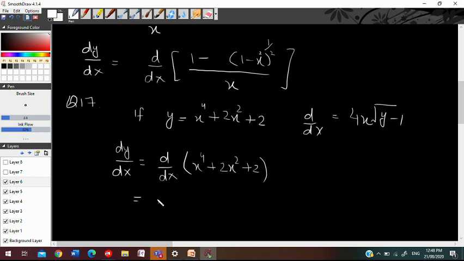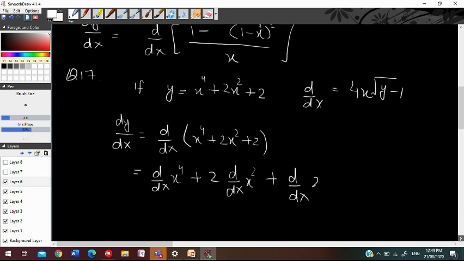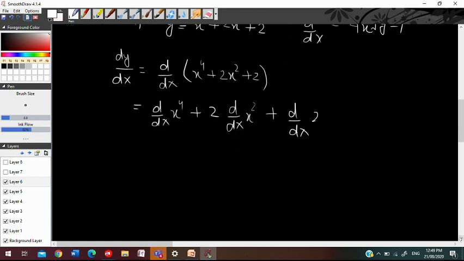D by dx of x4 plus 2 d by dx of x square plus d by dx of this 2. Now, according to the power rule, 4 into x to the power 4 minus 1, plus 2.